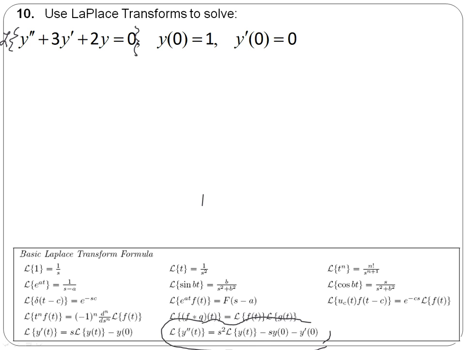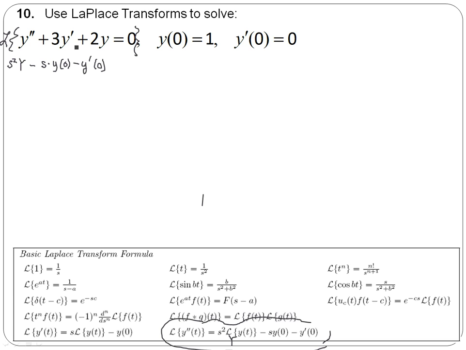Now, where I have this Laplace of y of t, I'm just going to call that capital Y. And so the Laplace of the second derivative is s squared capital Y minus s times y of 0 minus y prime of 0.